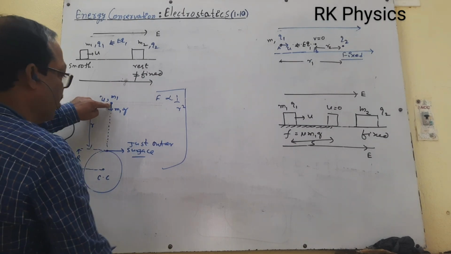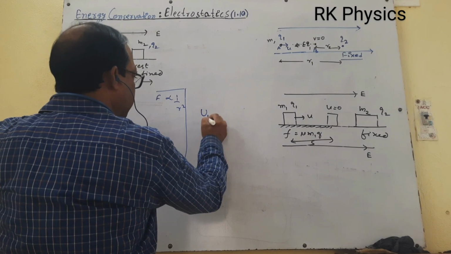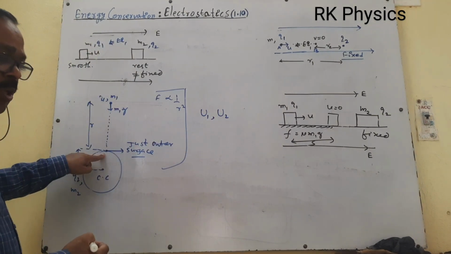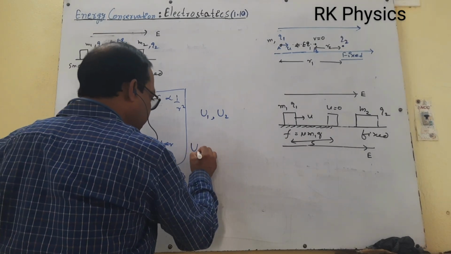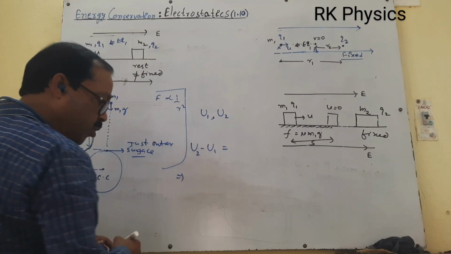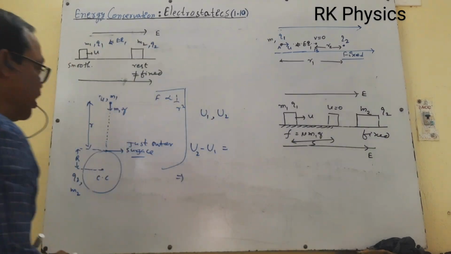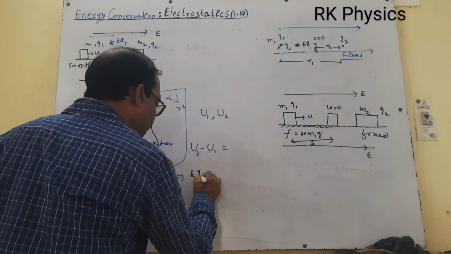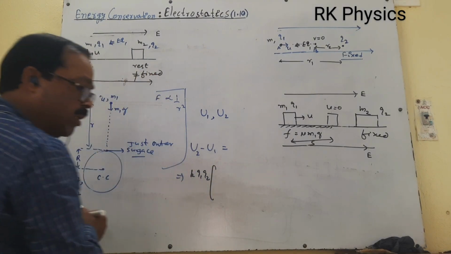When the charge is here, the potential energy is U1. When the charge is on the surface, the potential energy is U2. So what is the gain in electrostatic potential energy? The gain in electrostatic potential energy is U2 minus U1. Charges are the same, take Q1, Q2 common.